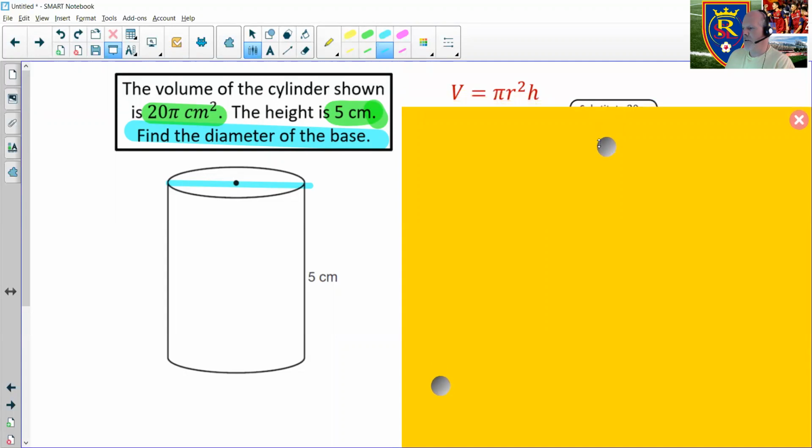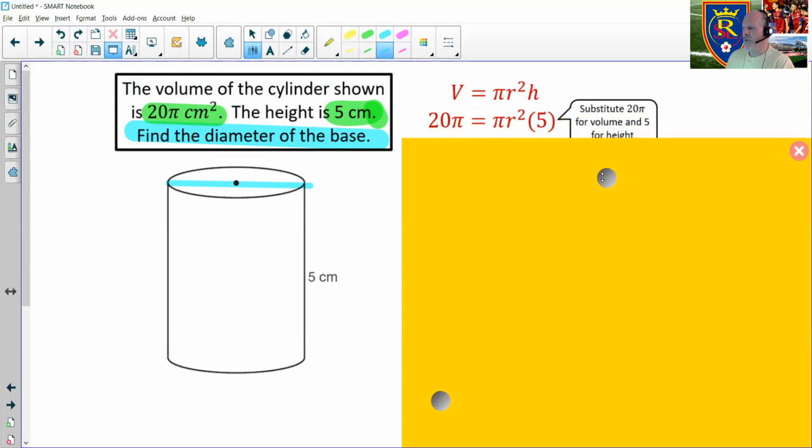But again, we start off with our same formula, V equals pi r squared h. But since the volume is given, the volume, which is 20 pi, is going to be substituted for V. So we end up with 20 pi equals pi r squared times the height, and the height is 5. So we substitute 5 for h.